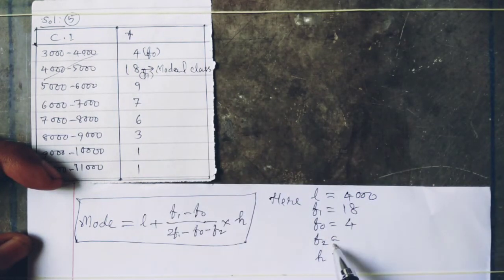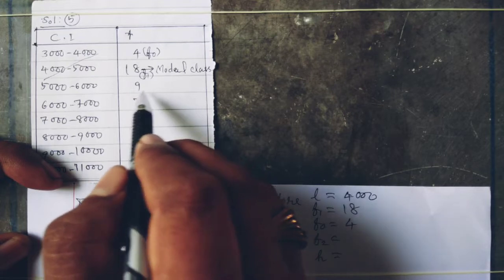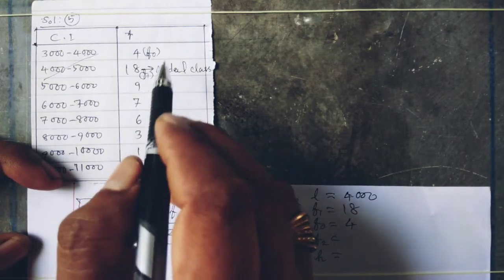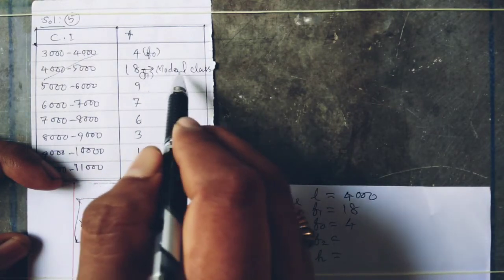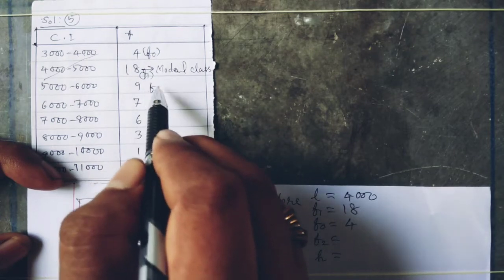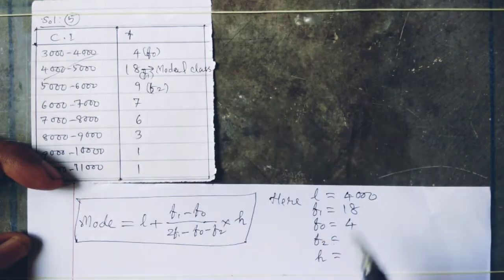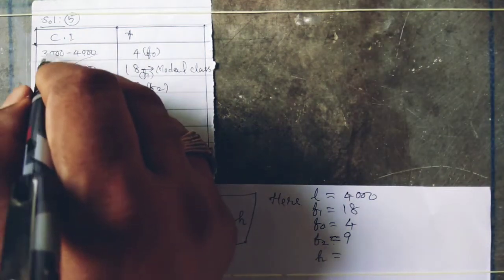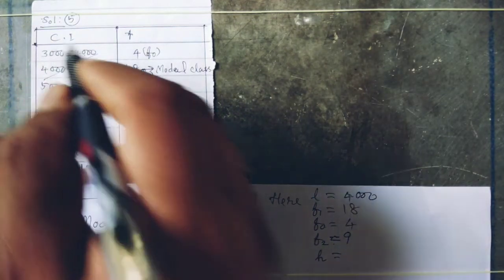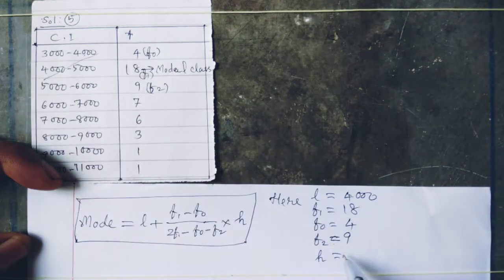Next F2, frequency of class succeeding the model class, this F2, 9. And H, height of the class, difference of the lower limits, 4000 minus 3000, 1000.